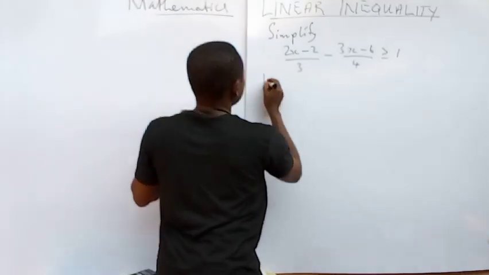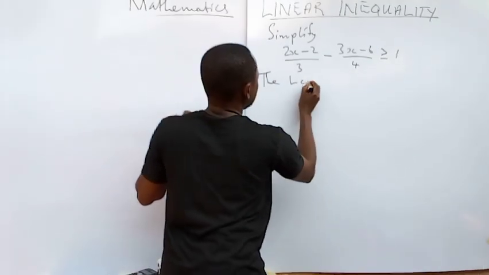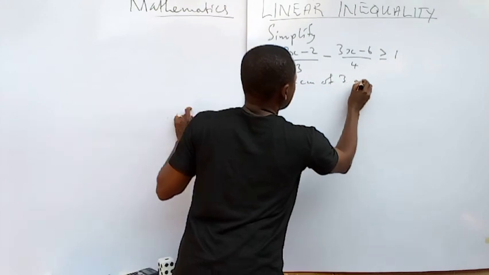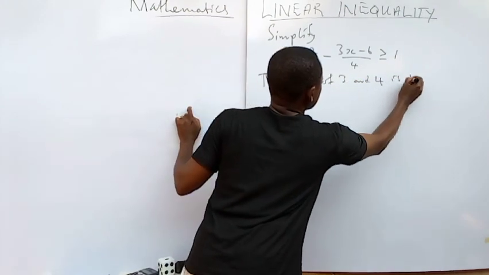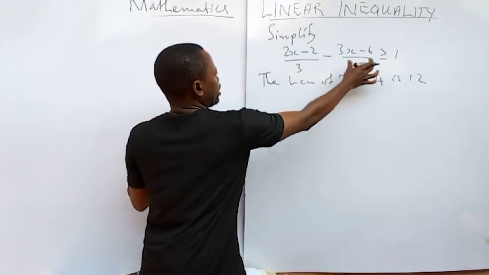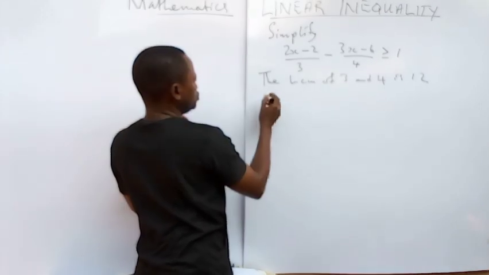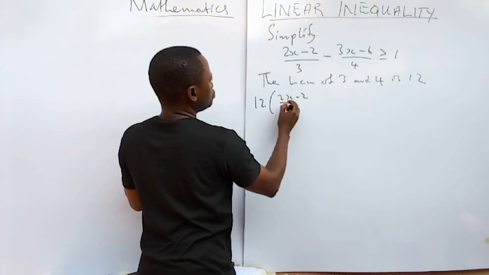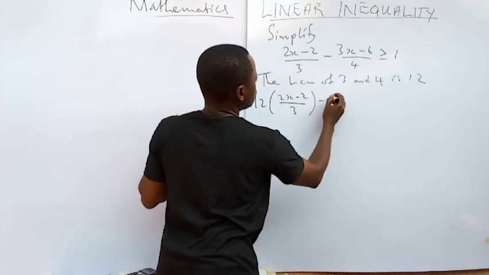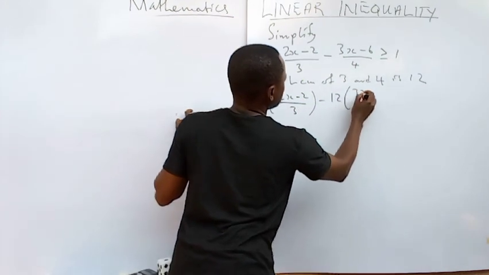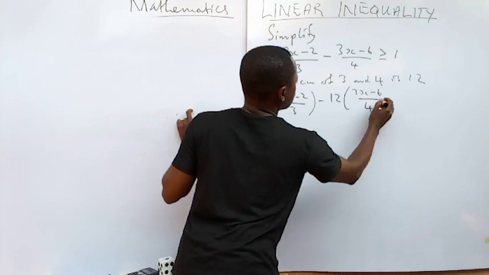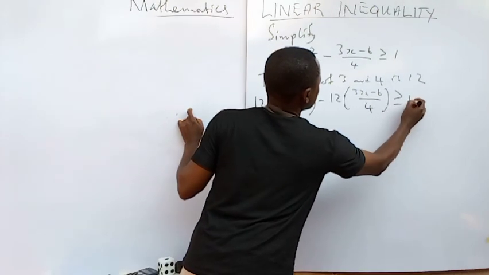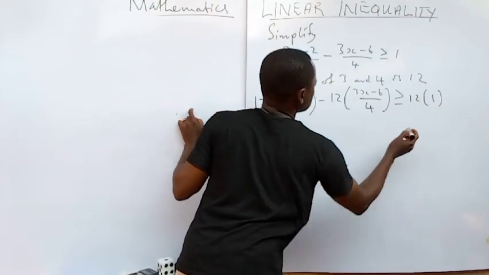I'll use it to multiply through. So I'll have 12 into (2x minus 2) over 3 minus 12 into (3x minus 6) over 4, greater than or equal to 12 in bracket 1.